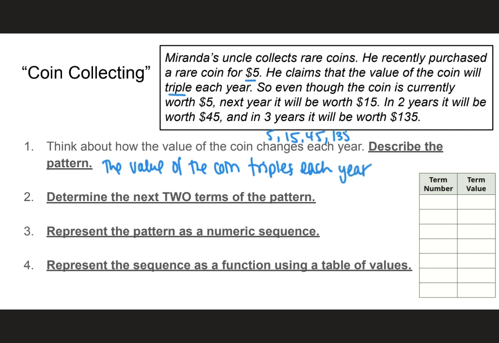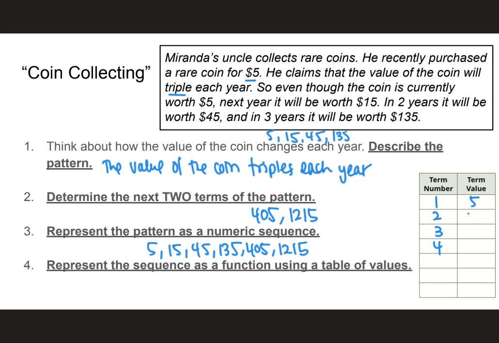So the next two terms in the pattern, we would multiply 135 times 3, which would be 405. And then we multiply that by 3, we would have 1,215. So as a numeric sequence, we're just going to list them out: 5, 15, 45, 135, 405, and 1215. And then as a table.